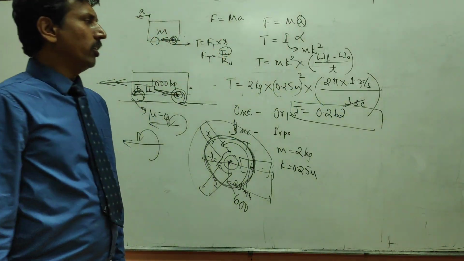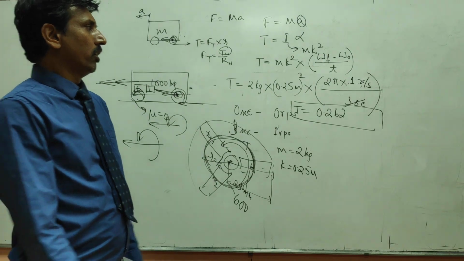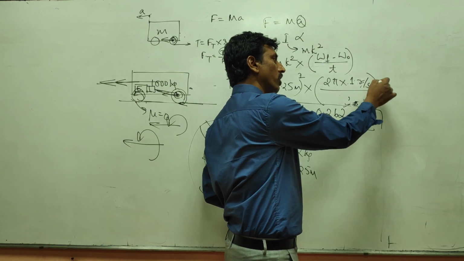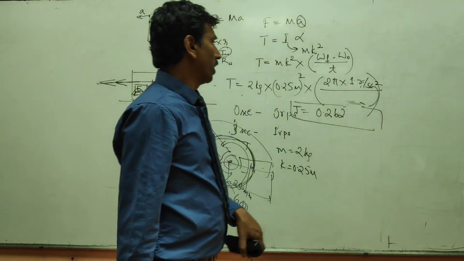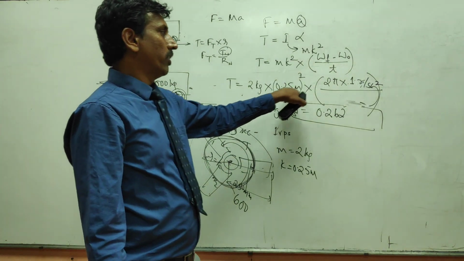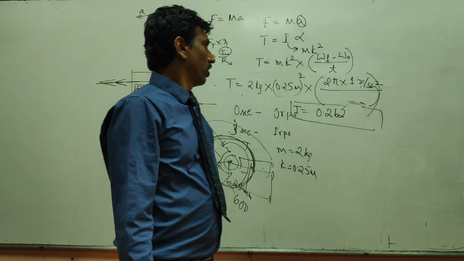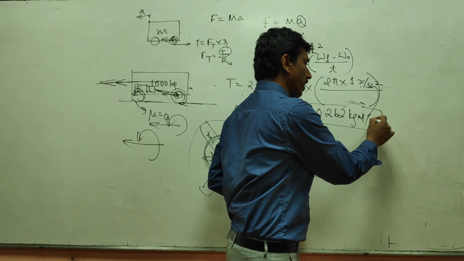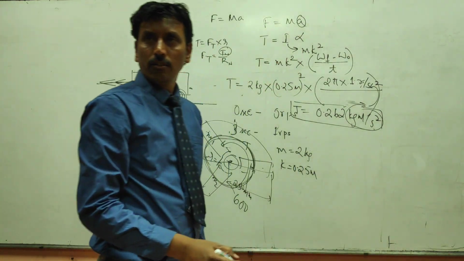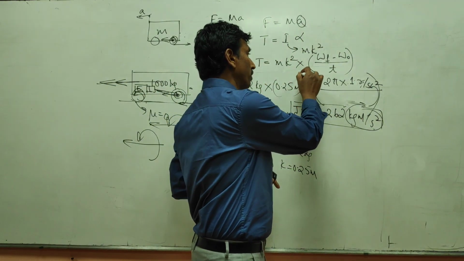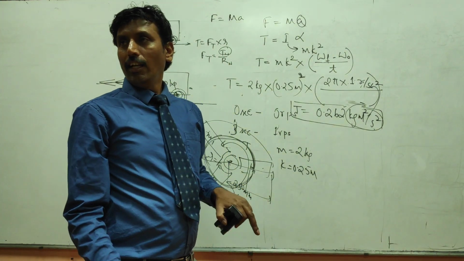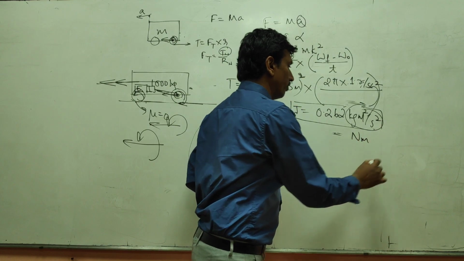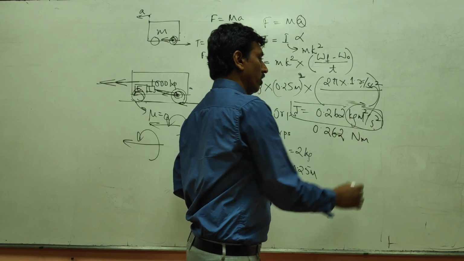So let us look at the units here. This per second is not cancelling out because this is the denominator. It goes here. It becomes second square. What you have is kg meter per second square. Sorry, it is actually meter square. So kg meter square per second square, which you can write as Newton meter. So this is 0.262 Newton meter.